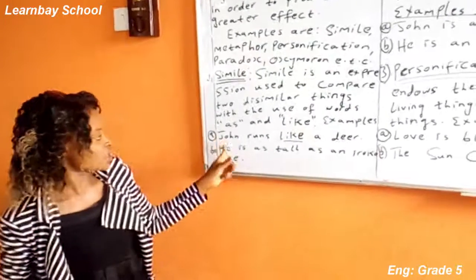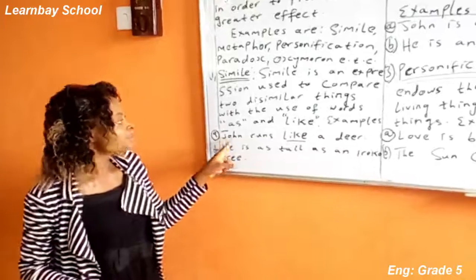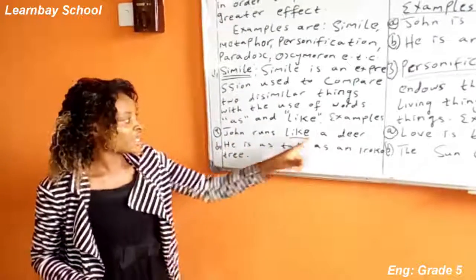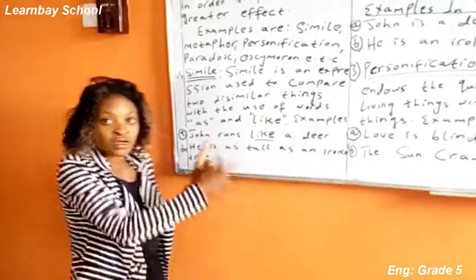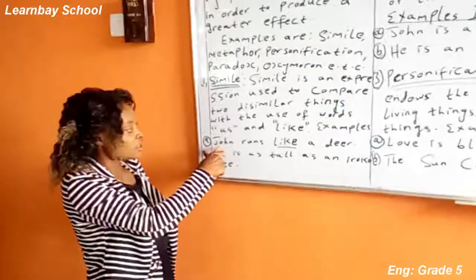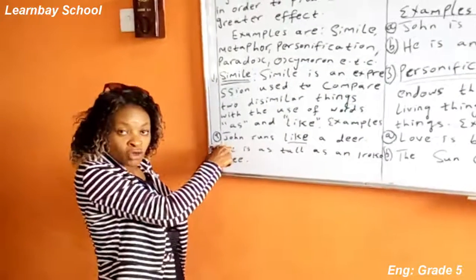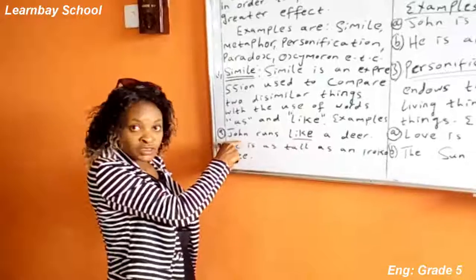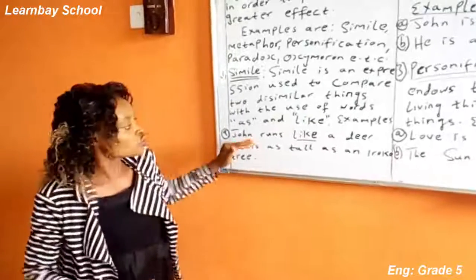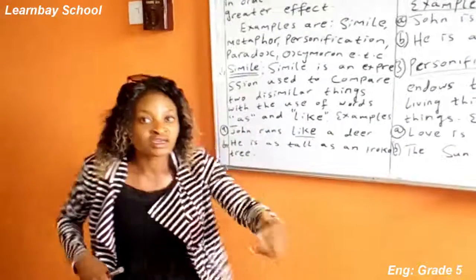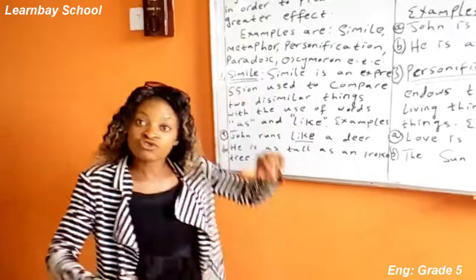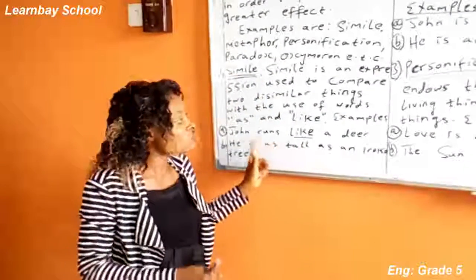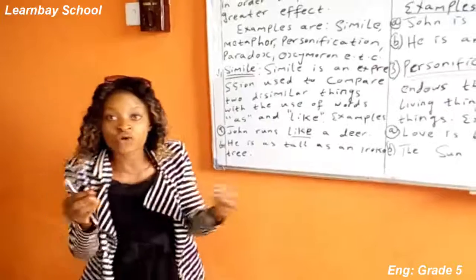Now let's check them in sentences. John runs like a deer. This is an animal being compared with the ability of John, the person. One thing you should know about simile that I've taught you before is that you don't compare two things of the same class.